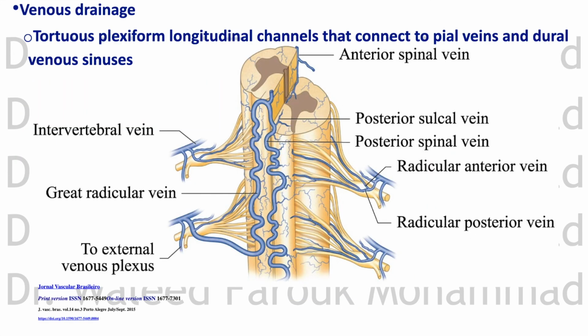The venous drainage of the spinal cord is by tortuous veins at front and back, and it also gives radicular veins that drain the spinal nerves and the spinal cord to the vertebral venous plexuses.